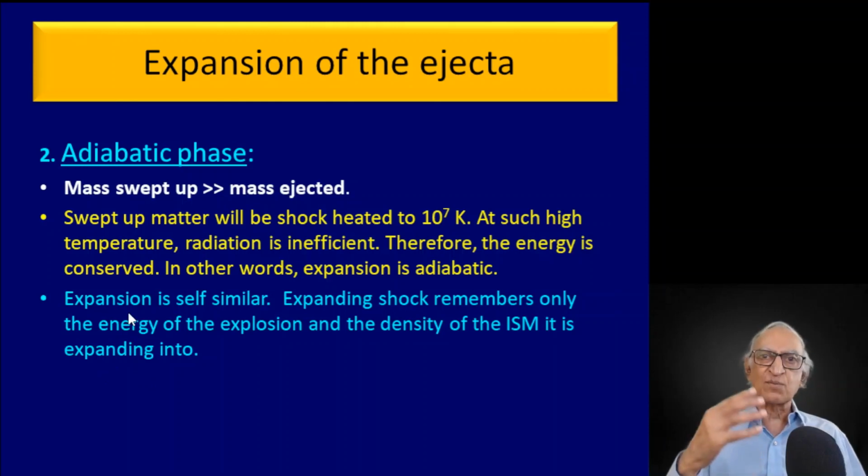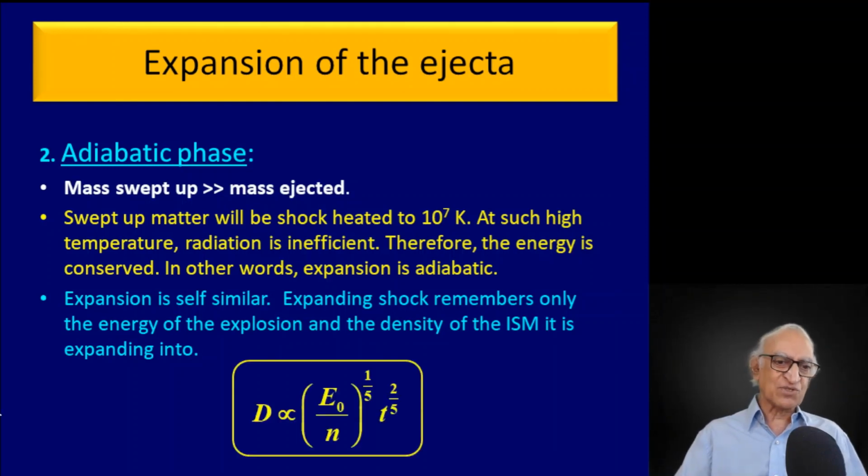Now, the expansion will be self-similar. The supernova remnant has so much mass swept up, it really doesn't matter what is the mass in the ejecta. It will go through a phase of self-similar expansion. You wouldn't be able to tell by just looking at it whether it is small or big, because its expansion will be self-similar. If you understood what I said, fine, otherwise don't worry about it.